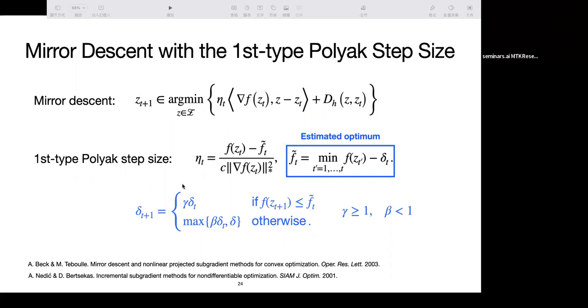We want to reach the estimated optimum, which is smaller by some scalar delta t than the best value achieved so far. Whenever the estimated optimum is achieved, we increase delta t or we keep it at the same value depending on the choice of the parameter gamma. If the estimated optimum is not attained at the given iteration, delta t is reduced up to a prescribed threshold delta.